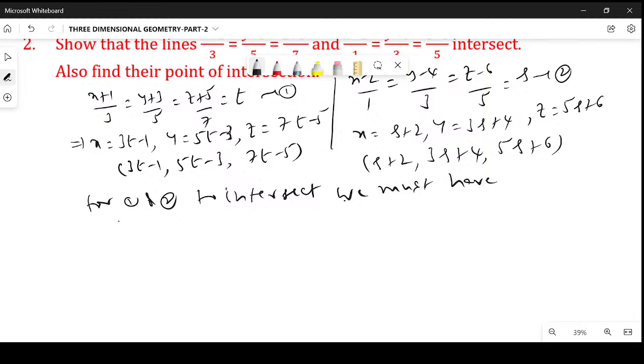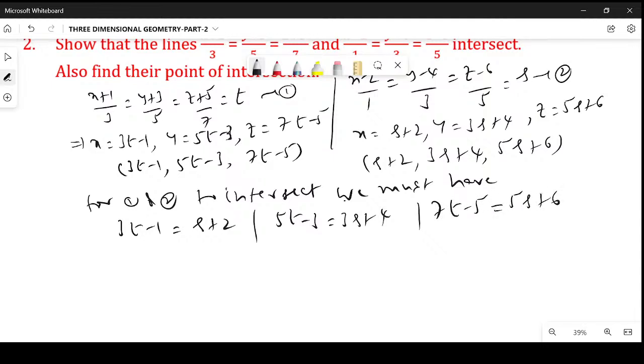I can write 3t - 1 = s + 2. Comparing y coordinates, 5t - 3 = 3s + 4. Comparing z, 7t - 5 = 5s + 6.